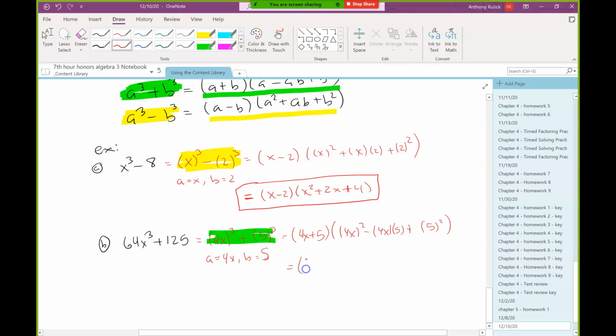And if I clean that up a little bit, 4x times 4x is 16x squared, 4x times 5 is 20x, and 5 squared is 25.